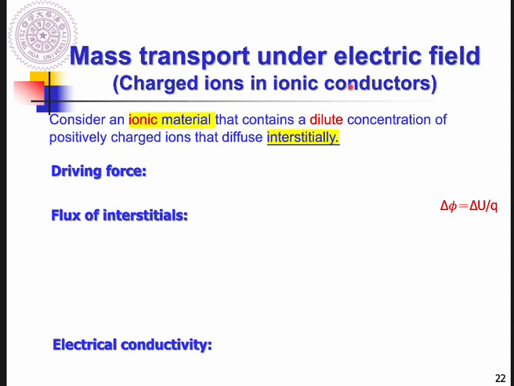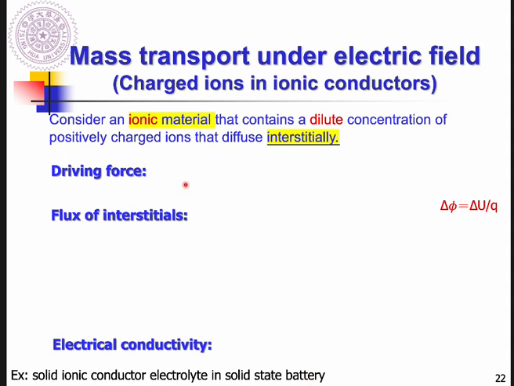So this is why you can call it a conductor. The application for this ionic conductor so far is the solid ionic conductor electrolytes in solid state batteries. So scientists develop different types of ionic conductors to serve as an electrolyte in solid state batteries for safety issues, as you know.